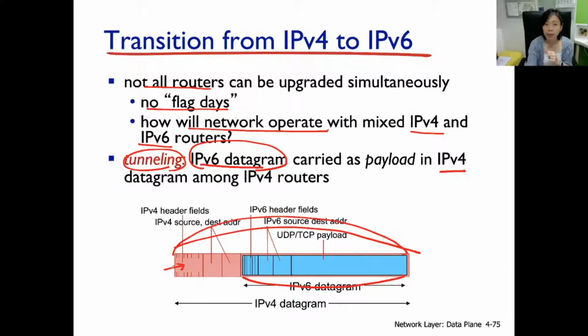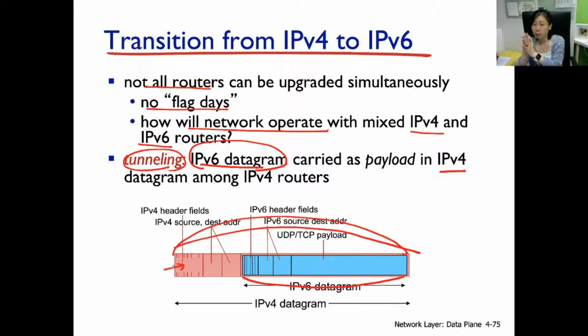Now, the IPv4 packet coming from the border of the IPv4 and IPv6 connection is going to travel the IPv4 network fine, because the header fields are interpretable by the routers in the IPv4 space, and eventually reach the other end, the other border between IPv6 and IPv4.